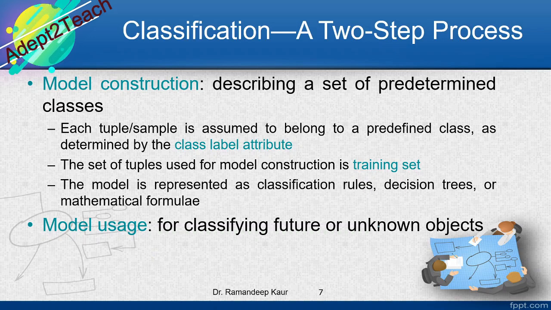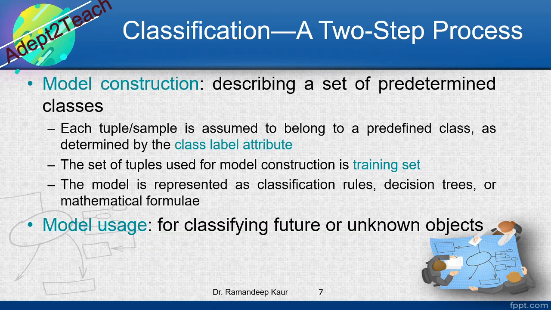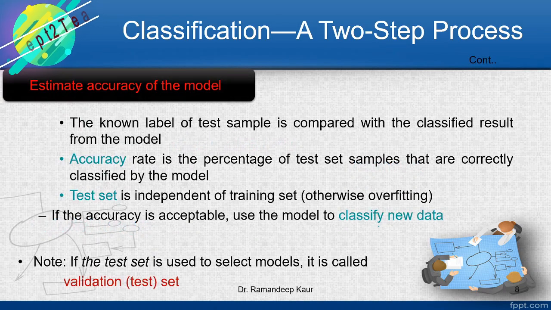The first phase is model construction, which says you define the predefined classes and identify the class label attributes, then construct a model using the training data set. Once the training data set is given to the system, the predictive model is made. After that, use it on unknown items or objects so that new classification can be checked.